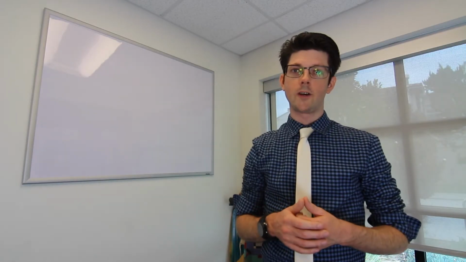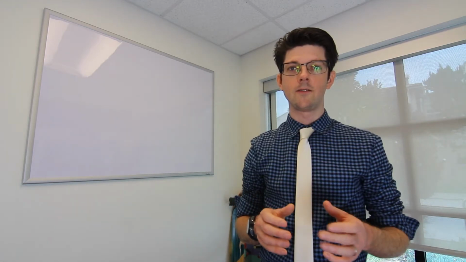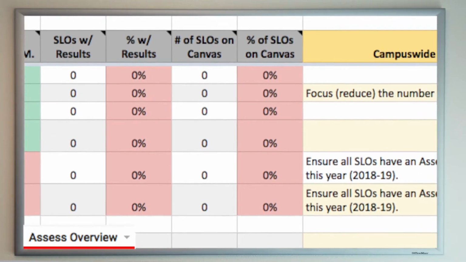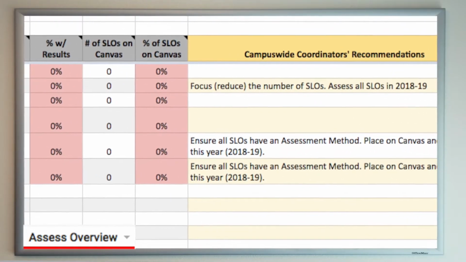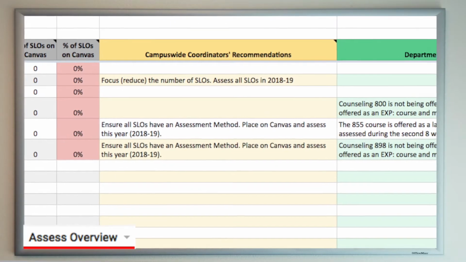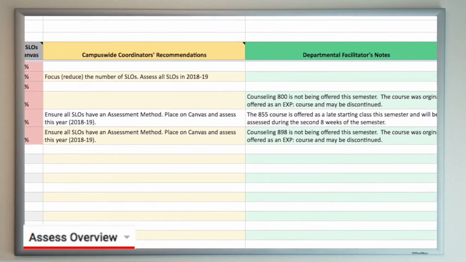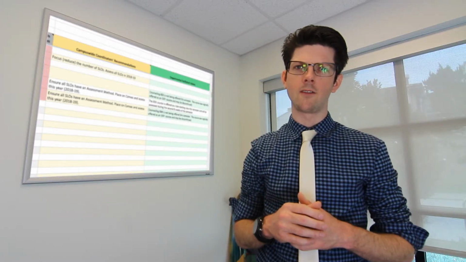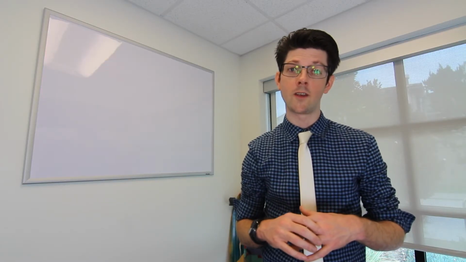The final columns on the Assess Overview let the facilitators see if the campus-wide coordinators have made any notes at the course level. It also lets the facilitators input statements that provide evidence that the course's SLOs have been discussed in department meetings or email conversations, to help gather the evidence that shows faculty are engaged in SLO assessment.